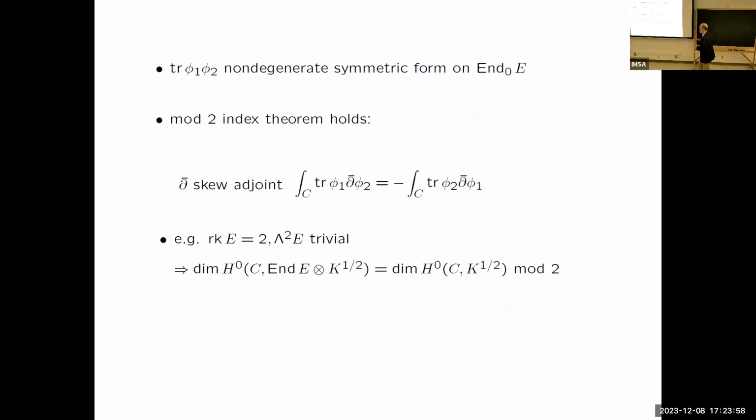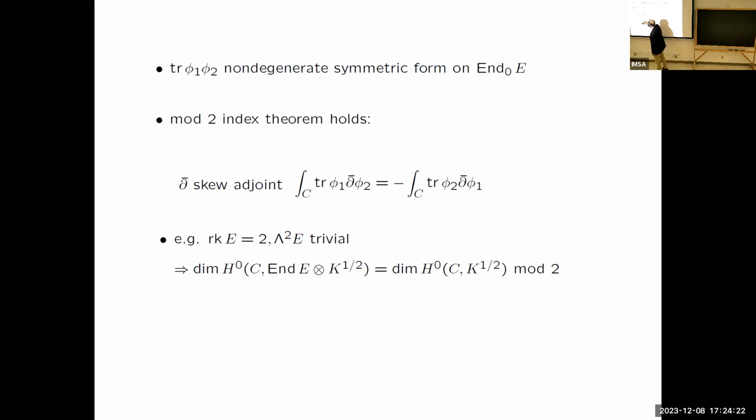What that means is that the Dirac operator becomes formally skew adjoint again because of this use of the trace. And as a consequence, we have a mod 2 invariant, which we can use. So sometimes you can relate it to the parity of the K to the half itself.